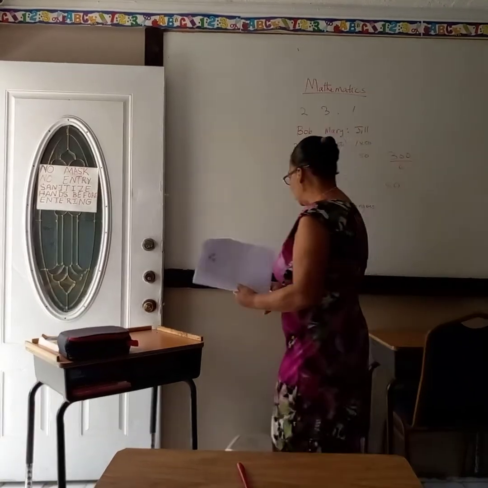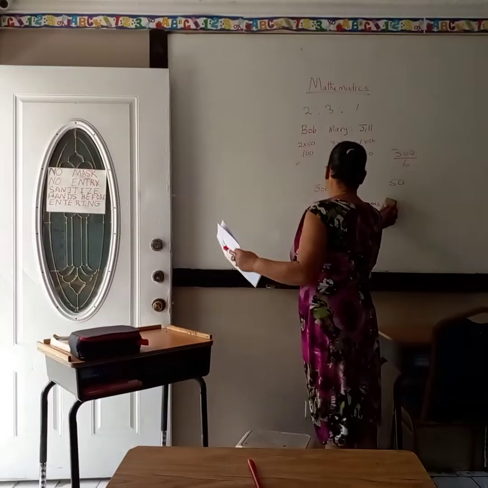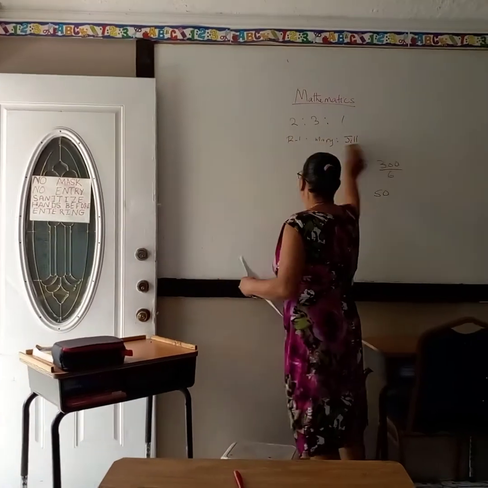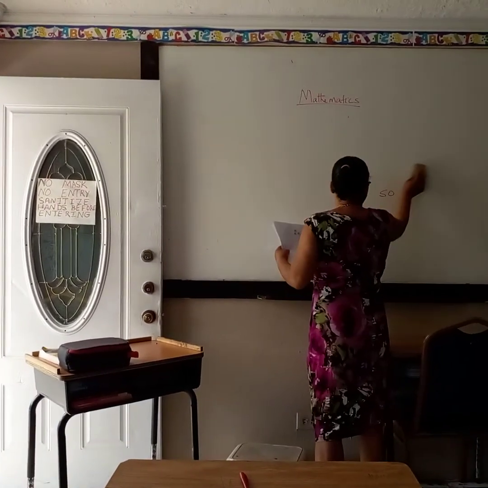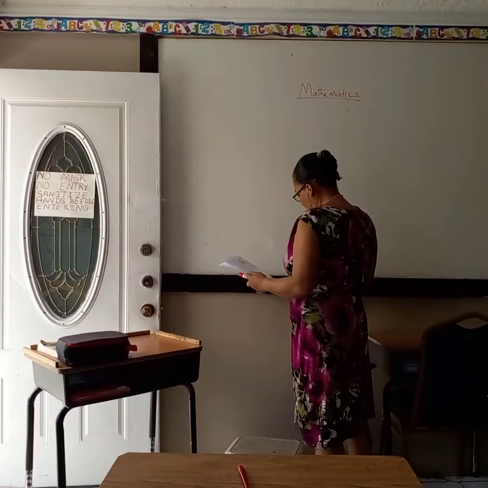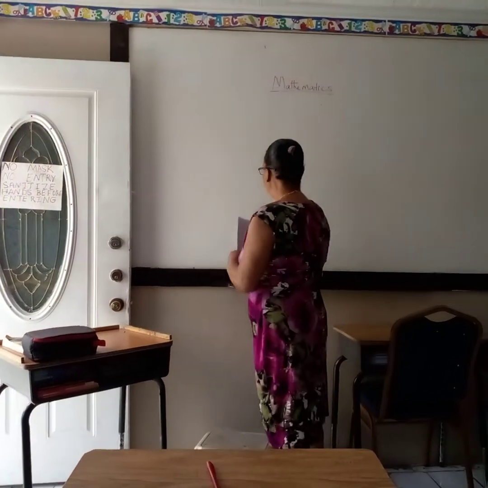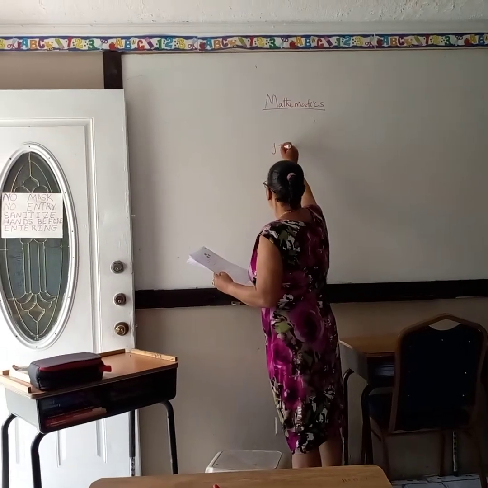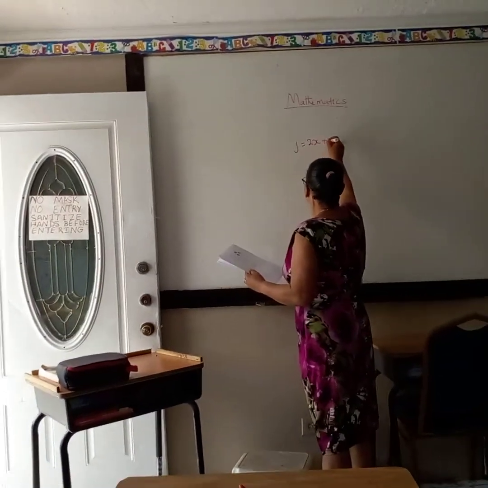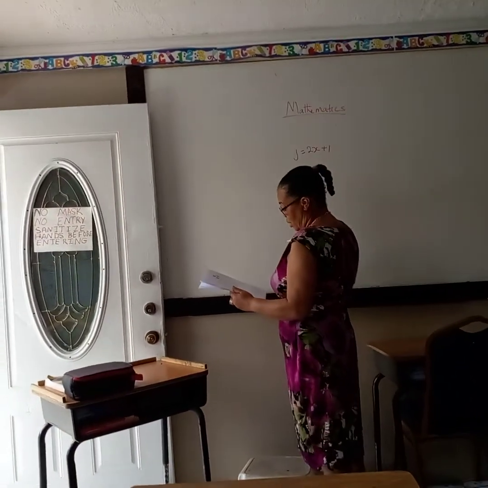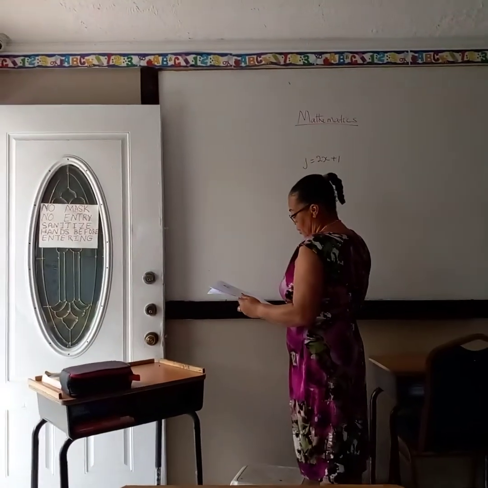Okay, moving on to the next question on the paper. Again, a pretty simple question. We go to doing an equation. This equation says y equals 2x plus 1. And all we're doing here is substituting.